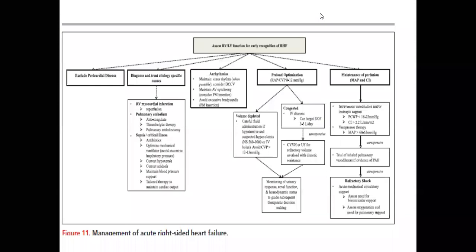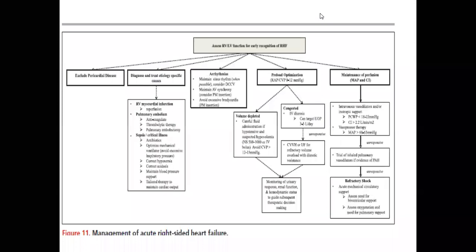Is there any possible parameter used on echo for the assessment of RV diastolic dysfunction? Yes. I just didn't go into detail of the RV function assessment because it's quite complicated and maybe out of the scope of the audience. But we can do it using tissue Doppler, the same techniques that we use for LV diastolic function assessment. Tissue Doppler is the most commonly used one to assess diastolic function.